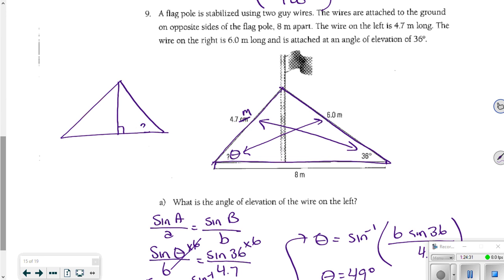So I know that this is 36 and this is 4.7. I now know that this is 49 and this is 6. Because we can assume that this is a right triangle, we can use our right triangle formula in order to solve for this side right here.